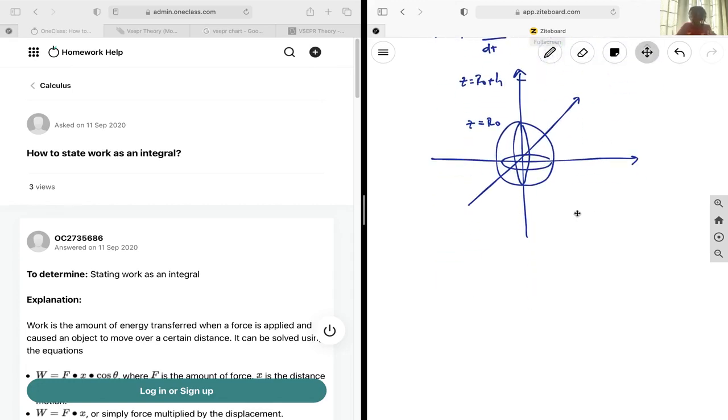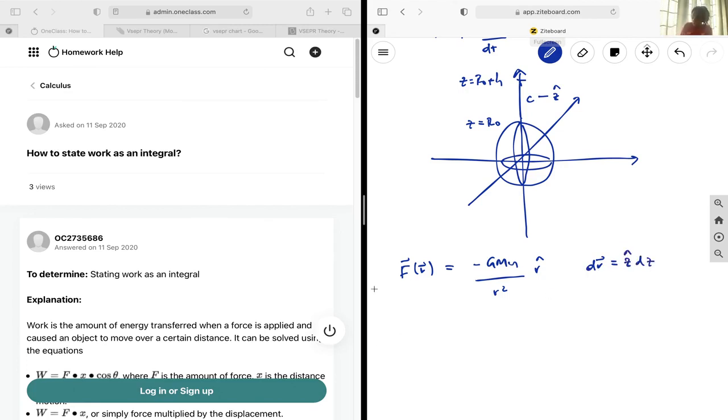And so first off, we know that the force that we will be facing here in terms of r is going to be negative G M m over r squared multiplied by r hat. Next up, we know that you're traveling along the path C, and C is a straight line along the z-axis. So what we can do is set dr equal to z hat dz.